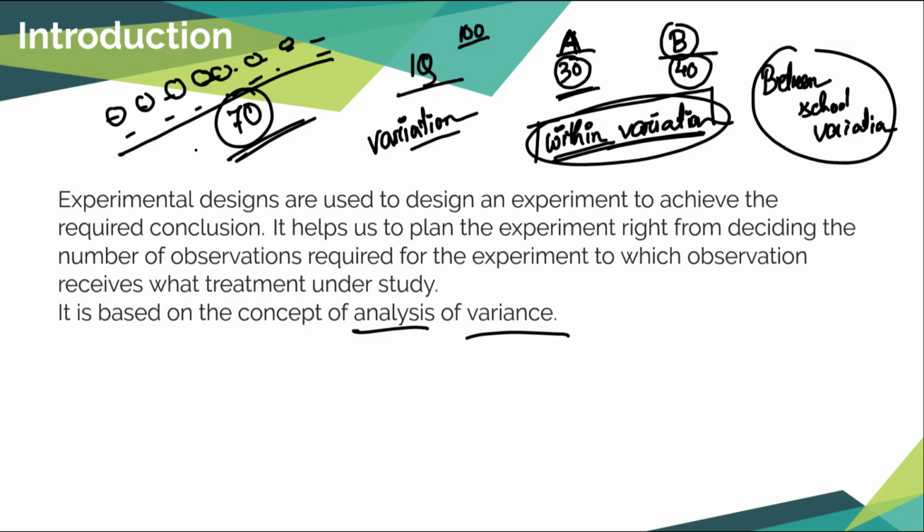But these are not enough. There may be some other factors also that may lead to their variation, right? Maybe someone was not very well on that examination day, someone has some other priorities, someone is not interested in that particular subject or in that particular test.